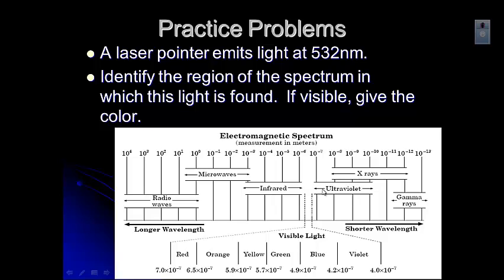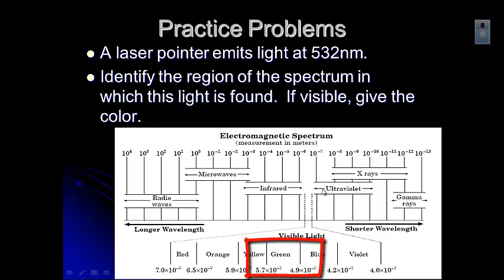It says it's 532 nanometers, or 5.32 times 10 to the negative 7th. So we want to come down here and look. It does fall between 4.0 times 10 to the negative 7th and 7.0 times 10 to the negative 7th. So we need to find out where 5.32 falls. So 5.32 times 10 to the negative 7th, if you look at these little tick marks here, 5.32 falls between 5.7 and 4.9.